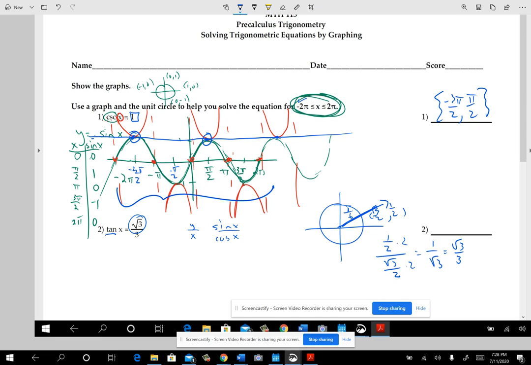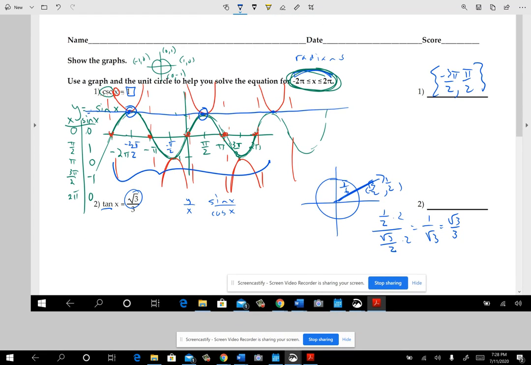And notice when they ask it this way, they're asking for it in radians. They don't intend for you to just use inverse tangent. They're asking you to do this by thinking about the graph and the unit circle. So if I'm thinking about tangent, what I'm thinking about is that it does this. There are asymptotes. Let me do them in red.